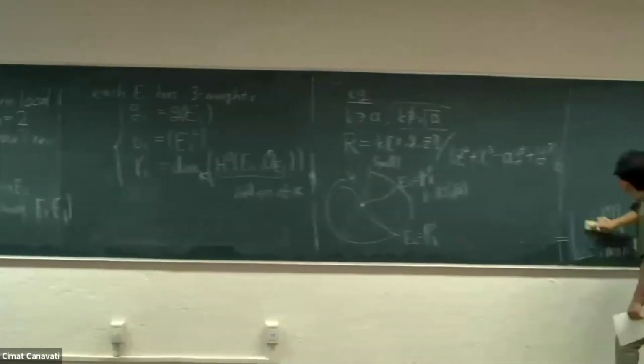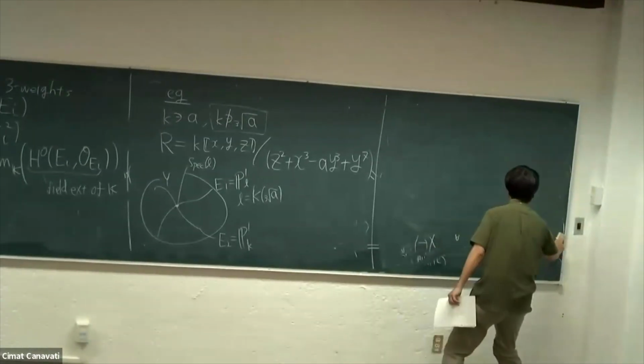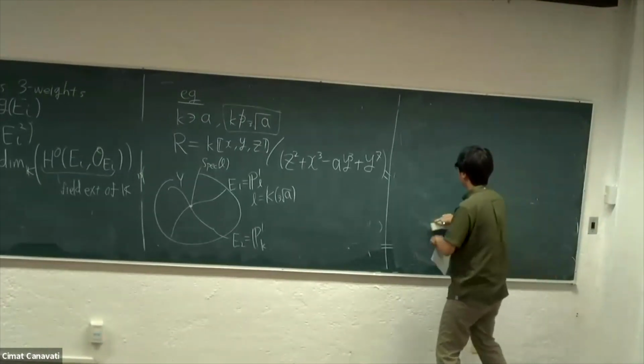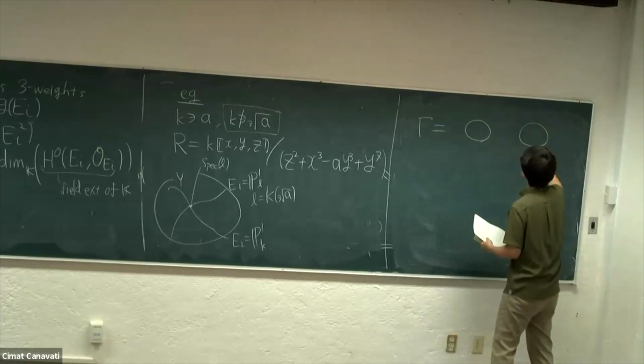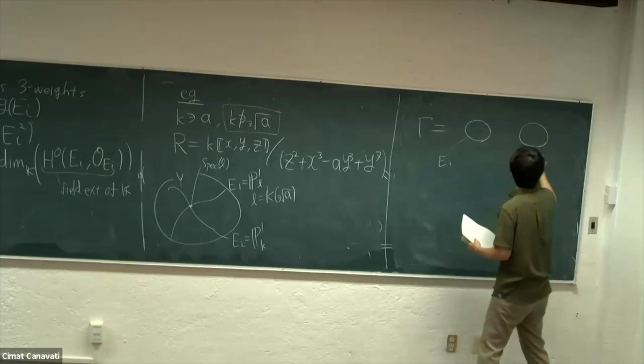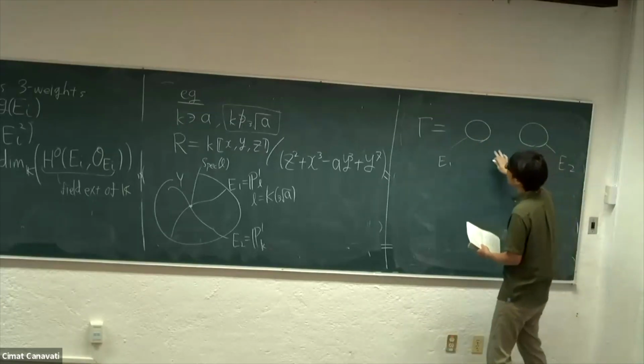So the dual graph of this example is like this. We have two vertices, one is E1, and another is E2.